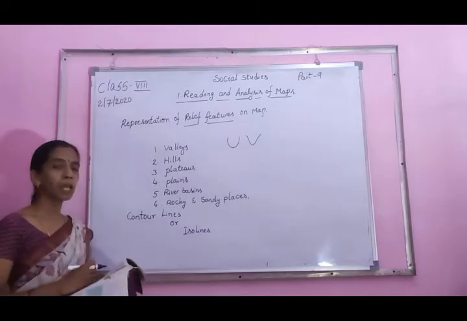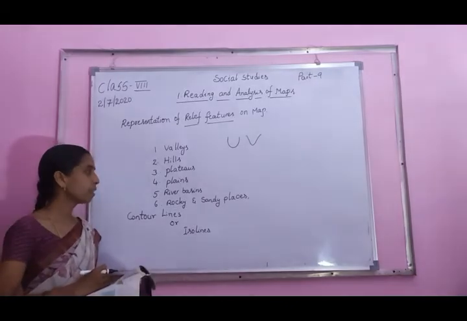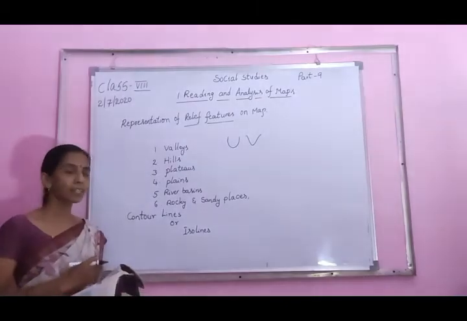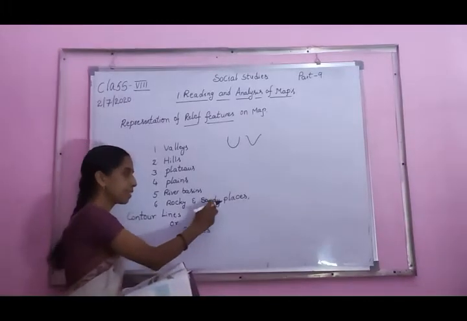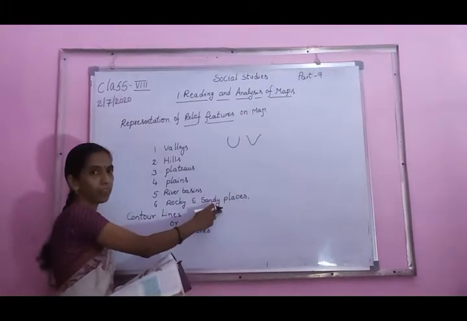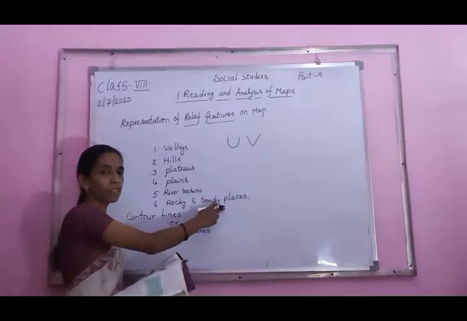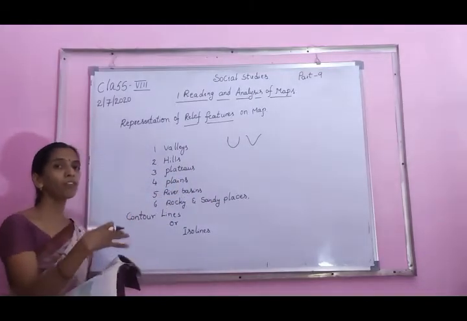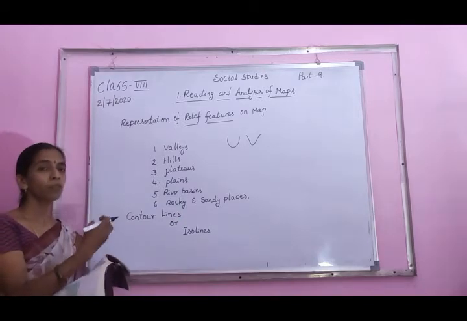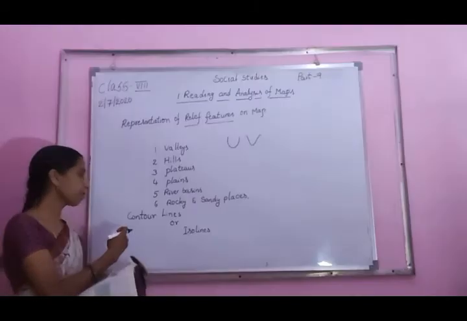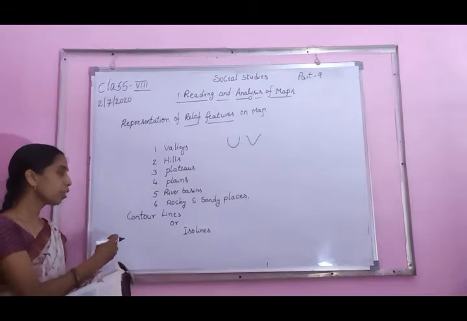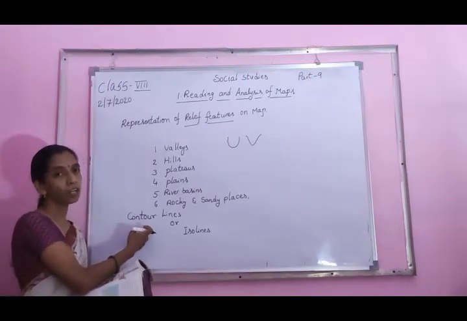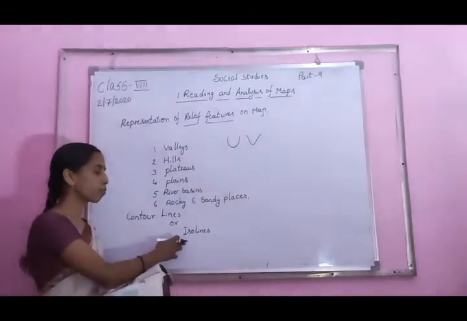Valleys, hills, plateaus, plains, river basins, rocky and sandy places, I mean desert areas. These are the main relief features on the earth's surface. Some are high, some are low. How can we show them on a map? We use special symbols, called contour lines or isolines.